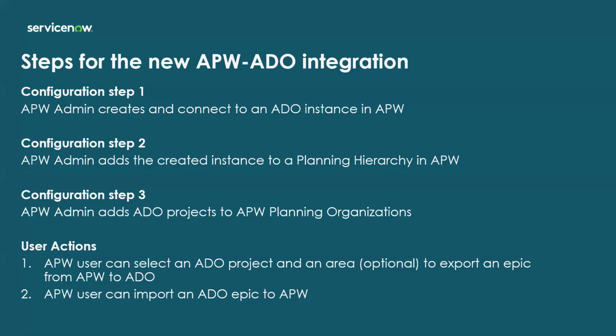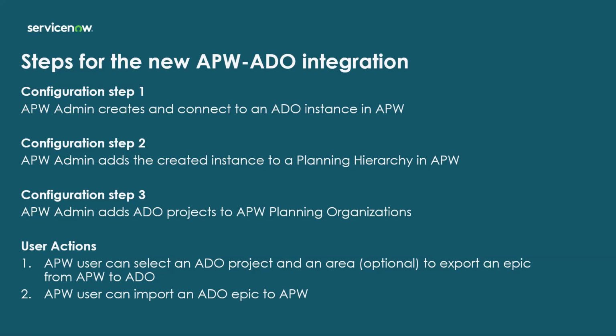So moving on, we'll first cover the steps, and we'll also go through a demo. We have divided the whole configuration into 3 steps for the admins. Step number 1 is about creating the Azure DevOps instance in APW.